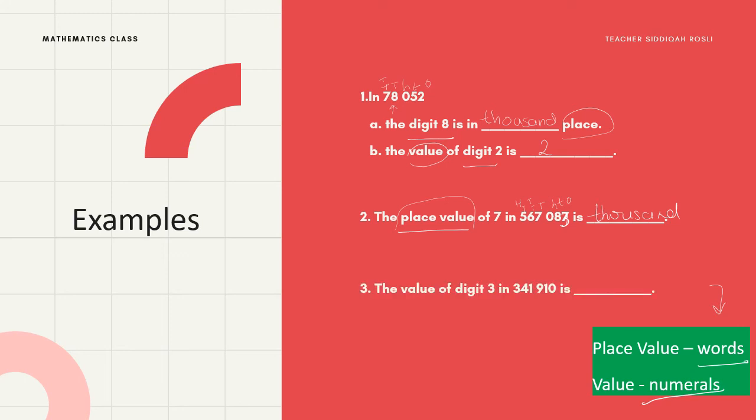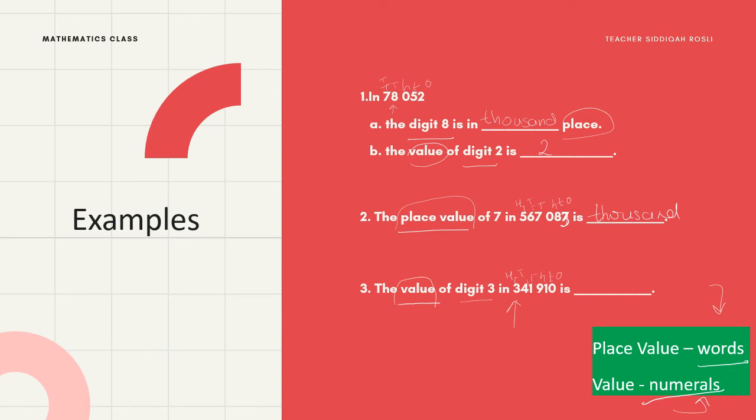Next, the value. See the keyword right there? The keyword is value, so you know your answer is going to be in numerals. Of digit 3 is, again, it helps if you label the place value, so O stands for ones, T stands for tens, hundreds, thousands, ten thousands, and hundred thousands. You take 3 because it's asking you for 3 and it's asking you for value.